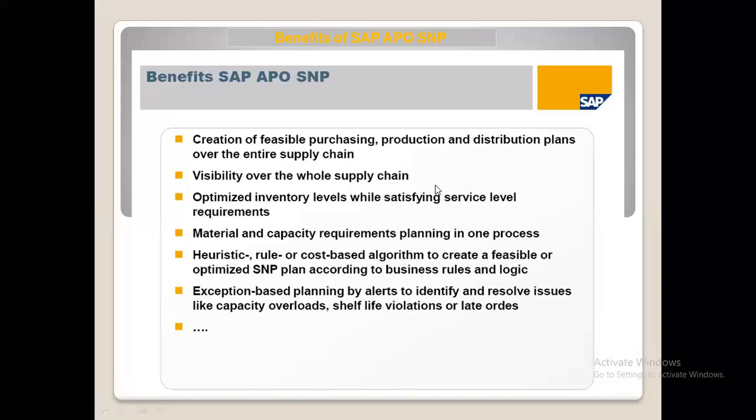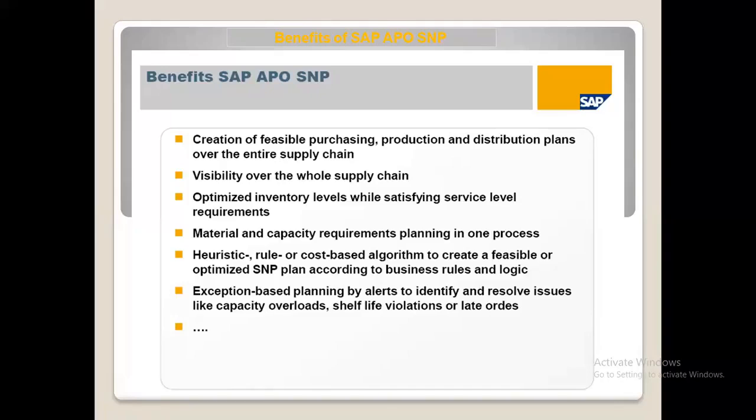With the help of integrated demand planning, we can see the results of the supply chain. Okay, optimized inventory levels for satisfying service level requirements. This is the main key point for SCM, supply chain management. To run supply chain management in a smooth manner, we need optimal inventory levels and more customer service.